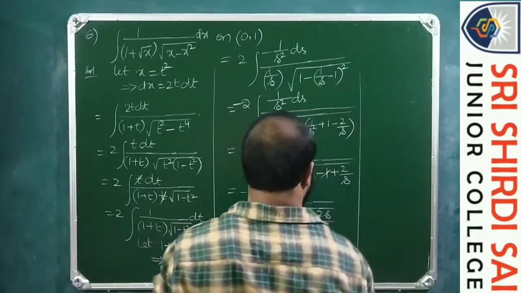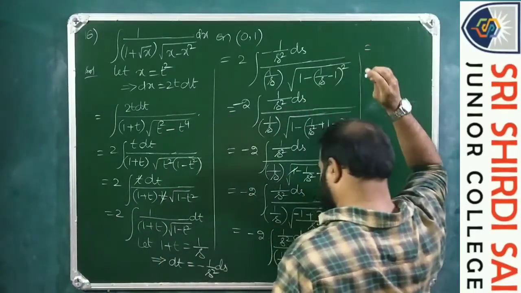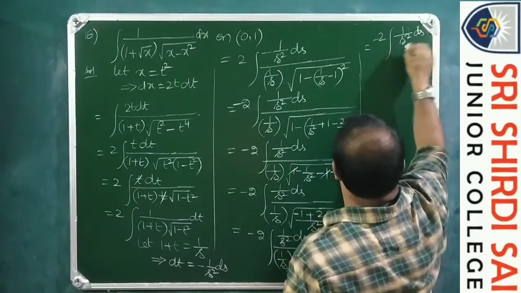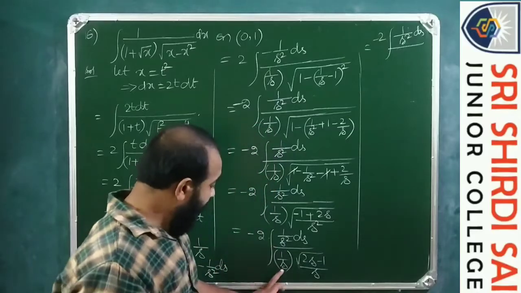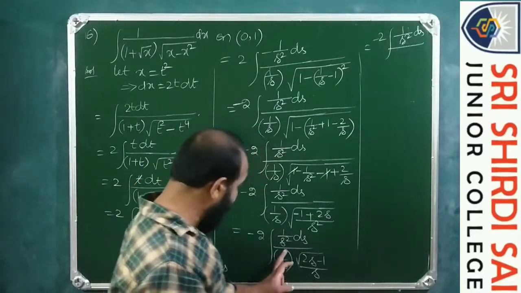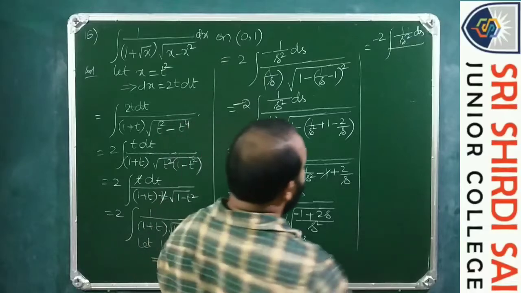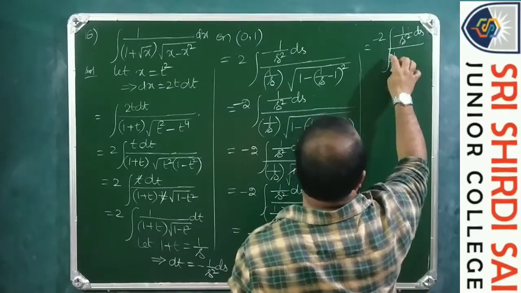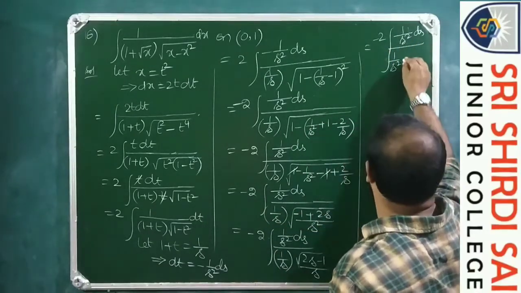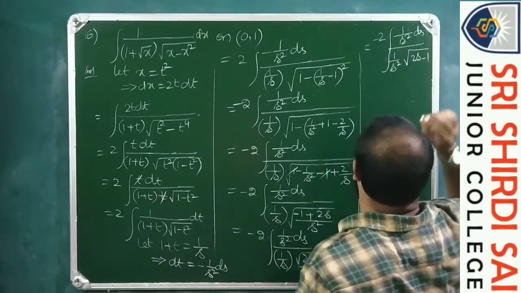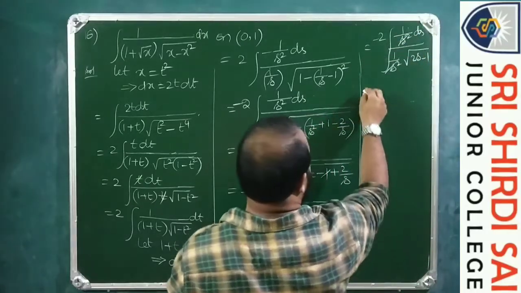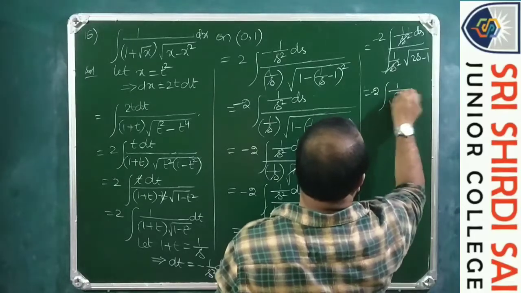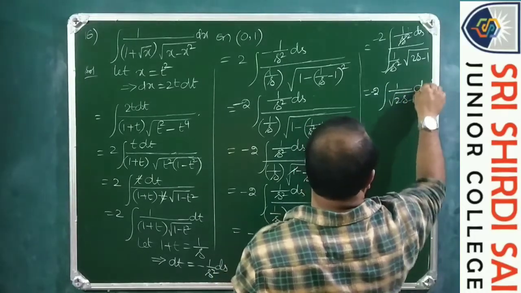So this implies minus 2 integral 1 by s square ds by 1 by s into 1 by s, which is 1 by s square, into square root of 2s minus 1. So 1 by s square gets cancelled. This is minus 2 integral 1 by root of 2s minus 1 ds.